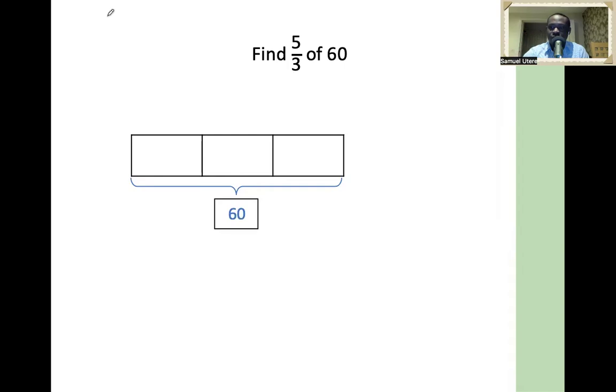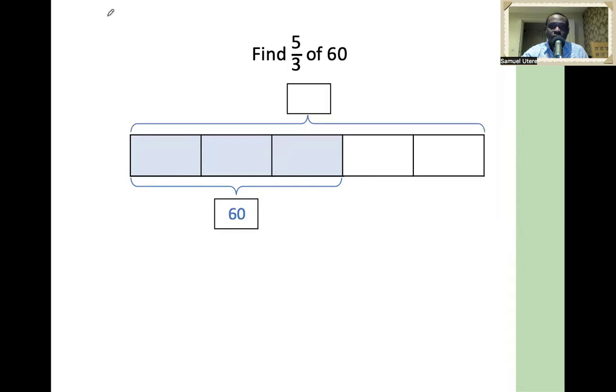Because you can see 5/3 is an improper fraction, so there must be other parts. So again, we extend it. We say, well, it's going to have other equal parts, which will be thirds. And so if 3 parts is equal to 60, then 1 part will be 20. And so the other parts will have to be 20 as well.